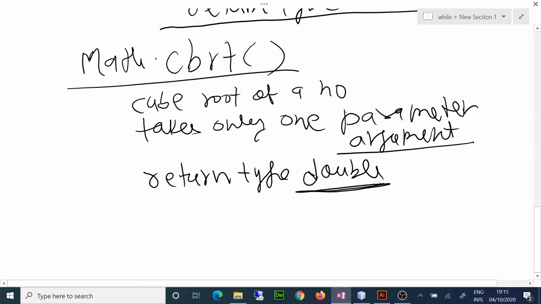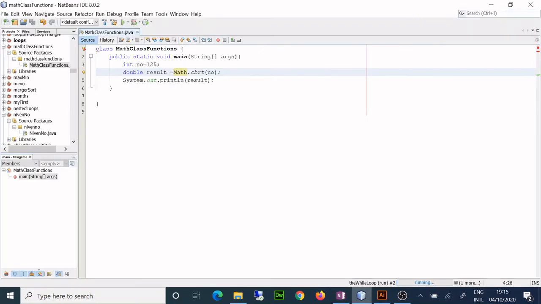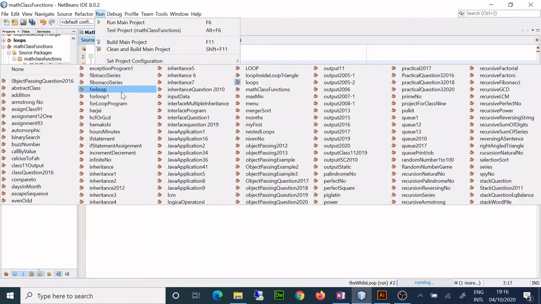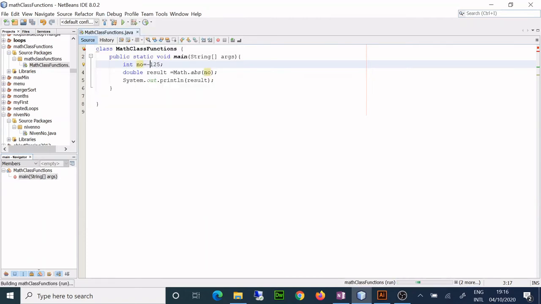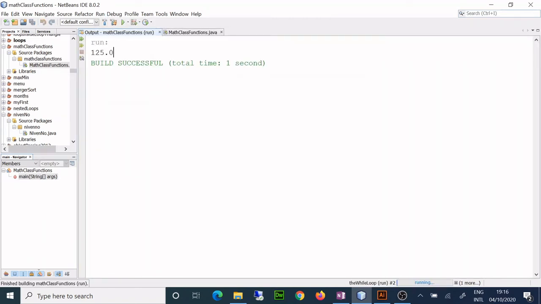That's what math.cbrt does. And the next function that we are going to look at is abs, absolute value. So if this is minus 125, it is going to return me the absolute value.